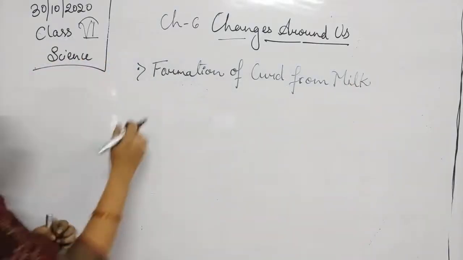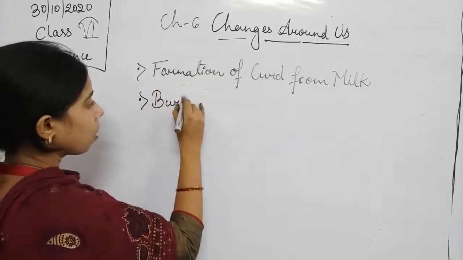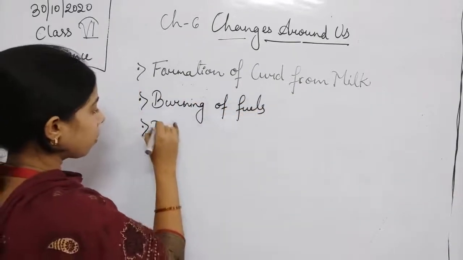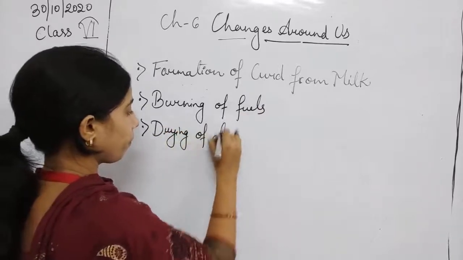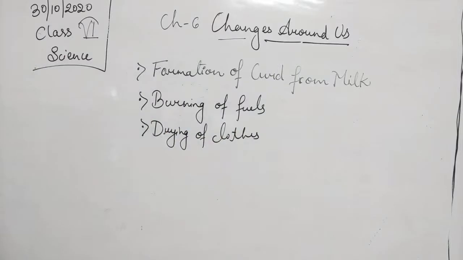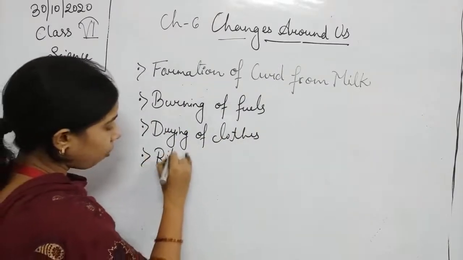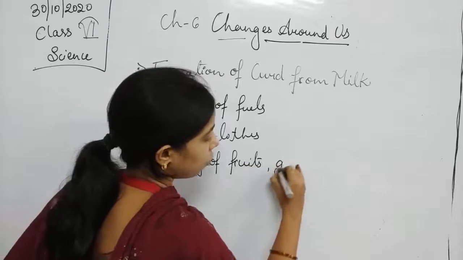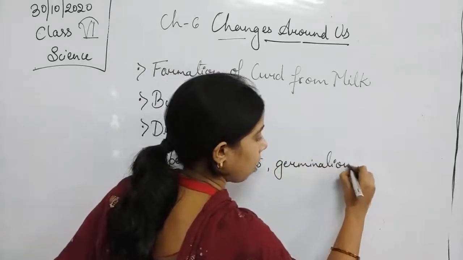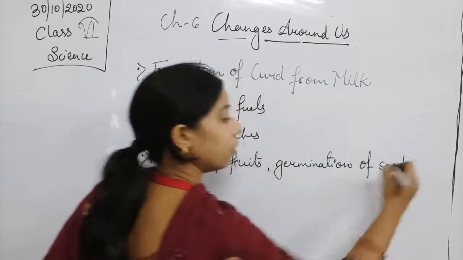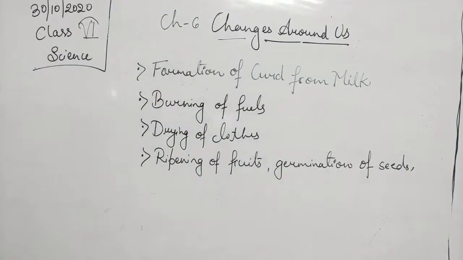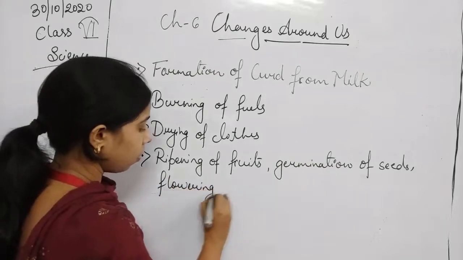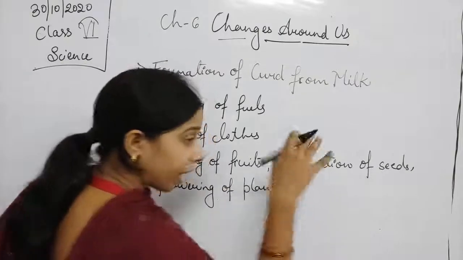Then burning of fuels, drying of clothes, ripening of fruits, germination of seeds, flower blooming, okay, flowering of plants, then shedding of the leaves.